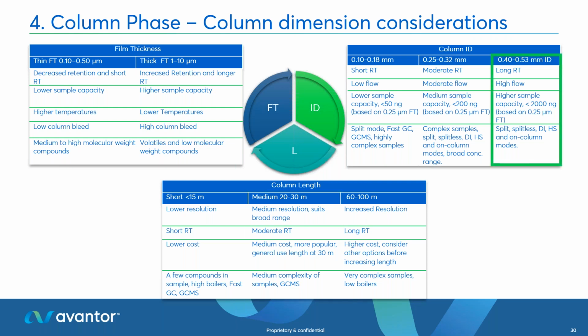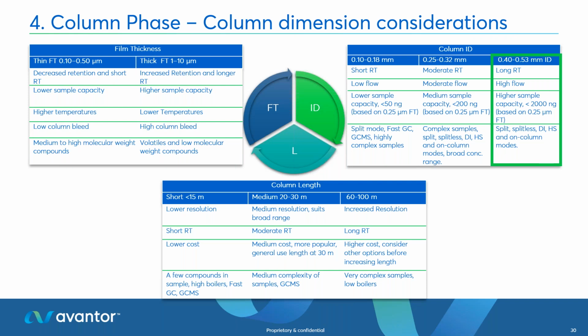Then when we look at the column ID, the internal diameter, if we look at the larger bore, so 0.4 to 0.53 millimeter ID, these are good for high flows. So if you're using headspace, if you've got split flows, a lot of flow going down that column, high capacity samples, you may have slightly longer retention time just because there's more space inside the column.